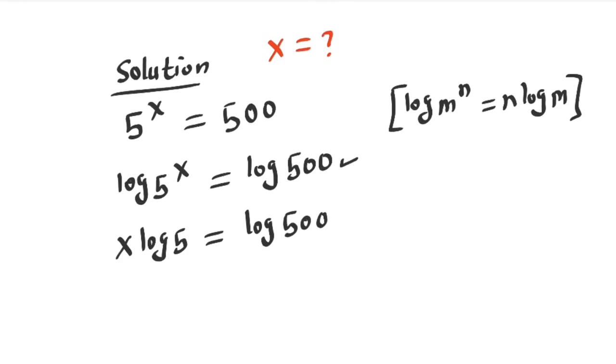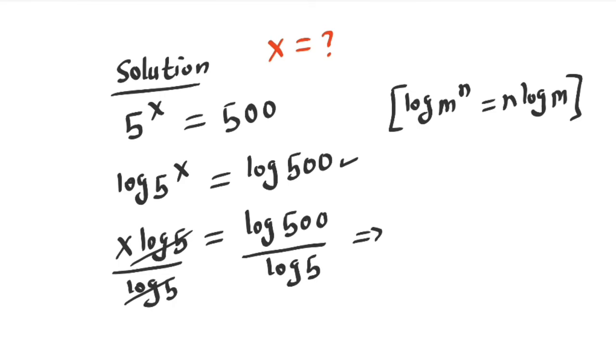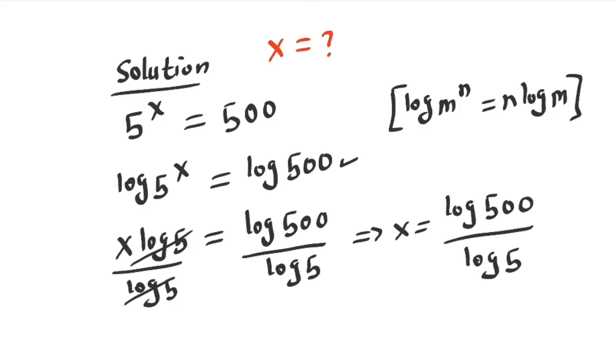Let us divide the whole of this equation by log 5. This is divided by log 5 and this is divided by log 5. This log 5 cancels this log 5. This is the same thing as x is equal to log 500 over log 5.